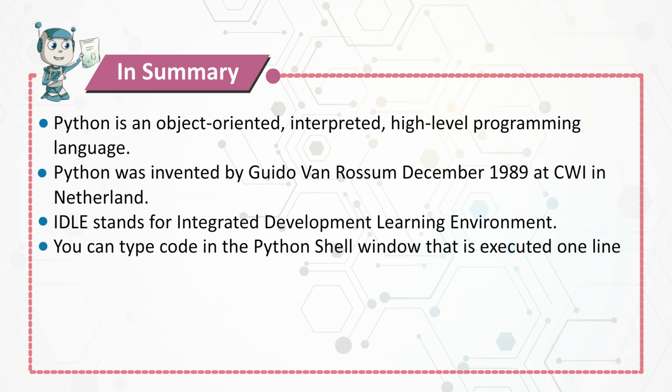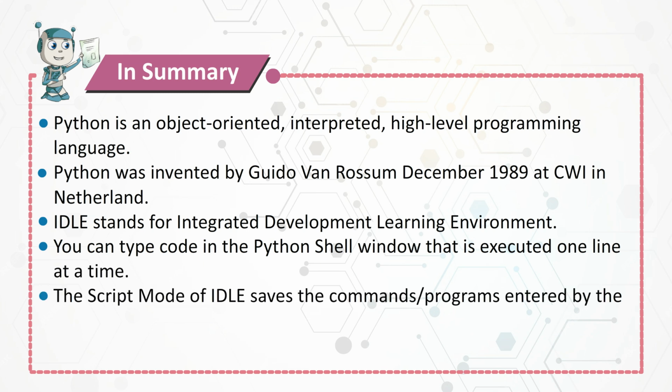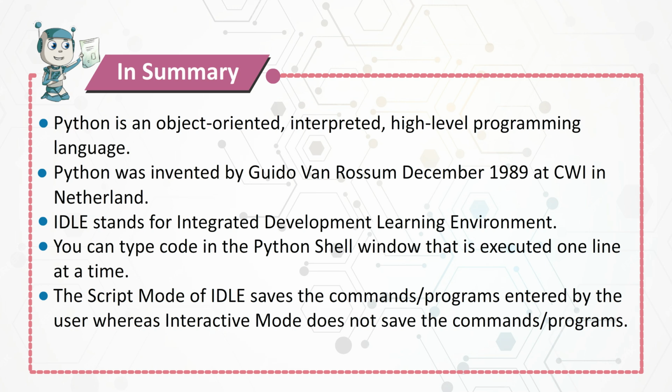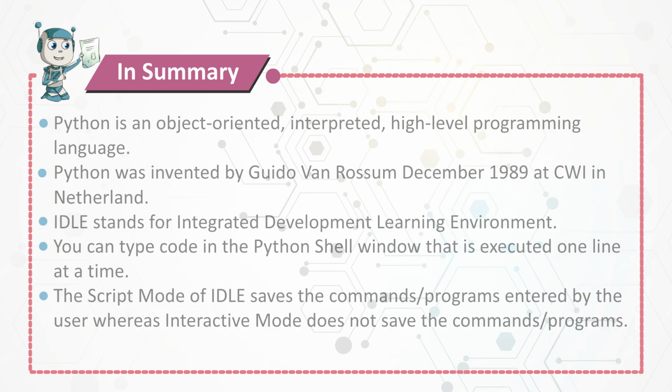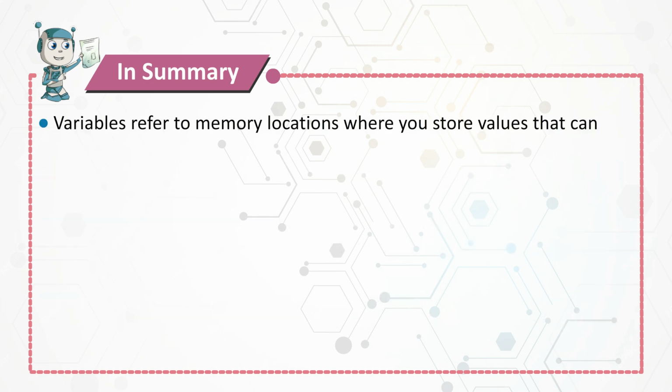You can type code in the Python shell window that is executed one line at a time. The script mode of IDLE saves the commands or programs entered by the user, whereas interactive mode does not save the commands or programs. Variables refer to memory locations where you store values that can later be accessed or changed.